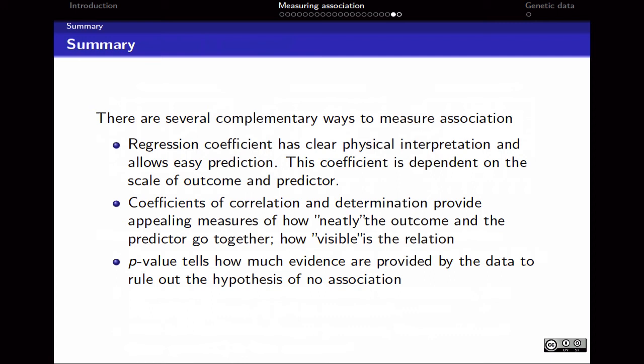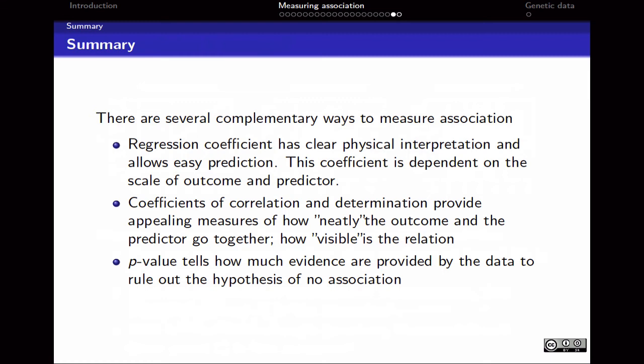So the point to take home is that there are several ways to measure associations, and these ways are complementary. Regression coefficient is a very useful measure which has clear physical interpretation and allows easy prediction. This coefficient is dependent on the scale of outcome and predictor though.